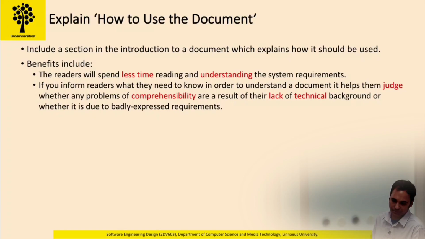So there are two benefits. So users or readers cannot blame the writer that you did not write the requirements document very well if you mention what the technologies or skills you need are.